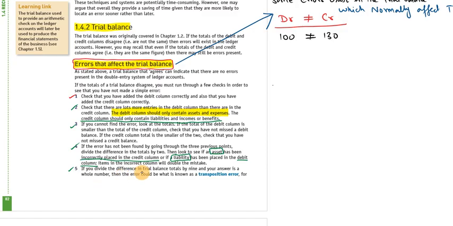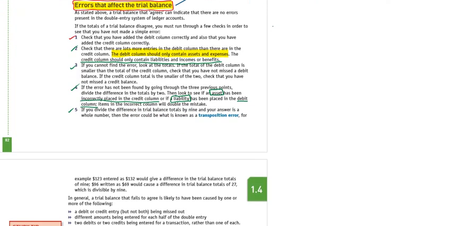If you divide the difference in the trial balance total by 9 and your answer is a whole number, then the error could be what is known as a transposition error. For example, 123 entered as 132 would give a difference in the trial balance total of 9. 96 written as 69 could cause a difference in the trial balance total of 27, which is divisible by 9.